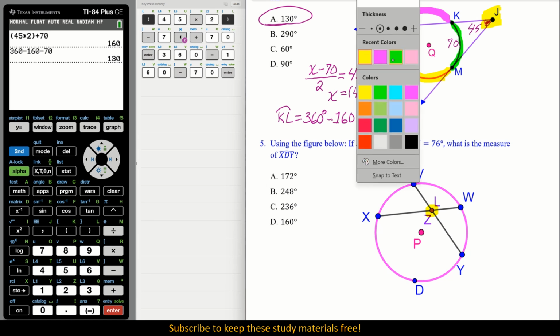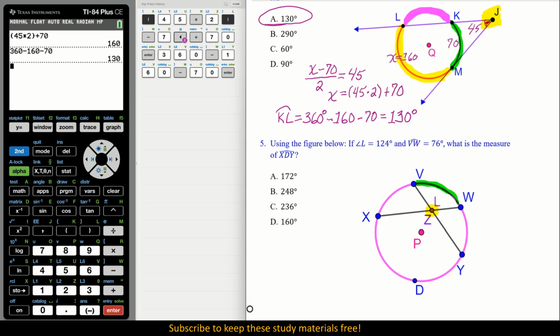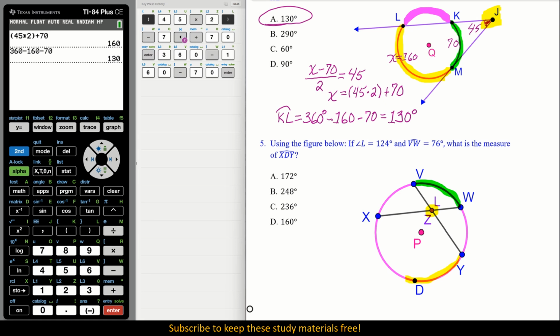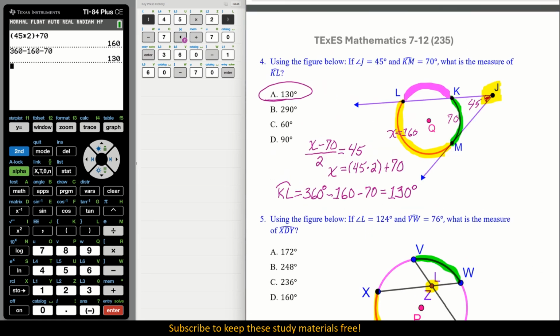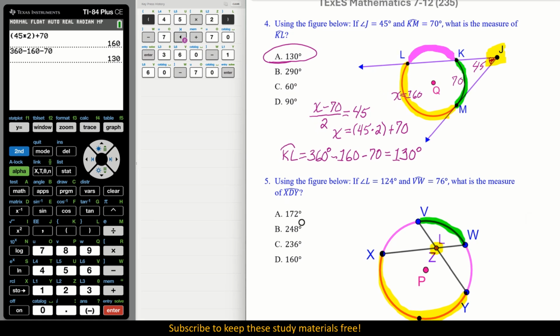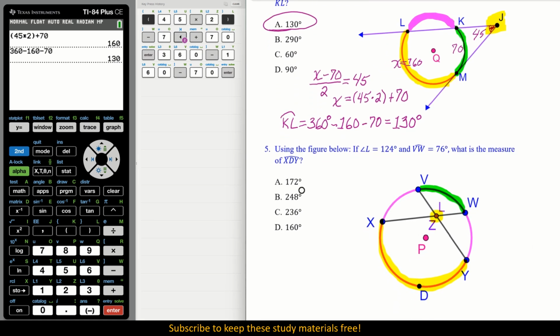So I will label that arc. Well, VW, just to be consistent with what we've been doing, that'll be our green arc. Then our yellow arc will be the larger arc, okay? All right, so we have some measurements that we can put in. Oh, every time it moves, you think I'd learn how to not make it move.